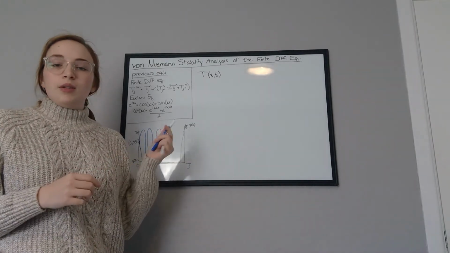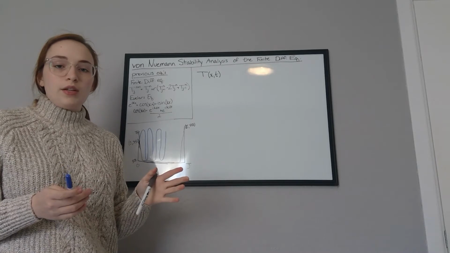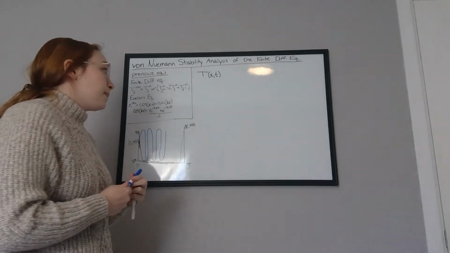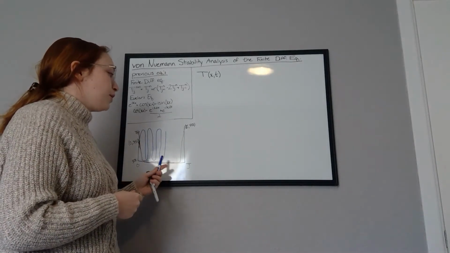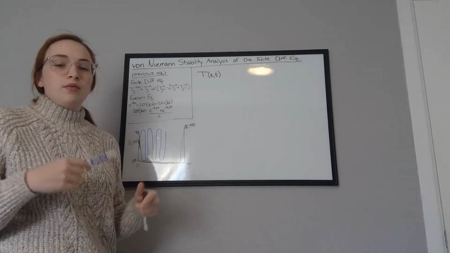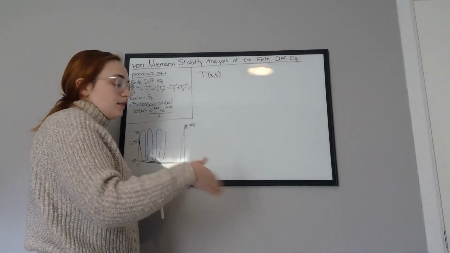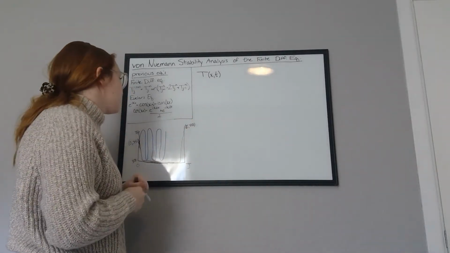So we need the von Neumann stability analysis to see when our equation is stable, because as we go further and further toward infinity, the equation will become more and more unstable because of the repeated use.